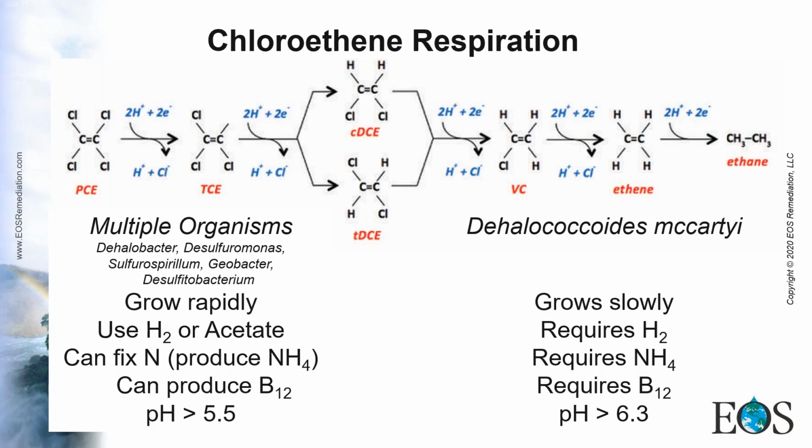Now let's go back. Hopefully I convinced you that we often see quite a bit more rapid PCE and TCE removal than DCE and vinyl chloride. Well, why? The obvious answer is the microbiology. There's a significant number of different organisms that can convert PCE to TCE to DCE.